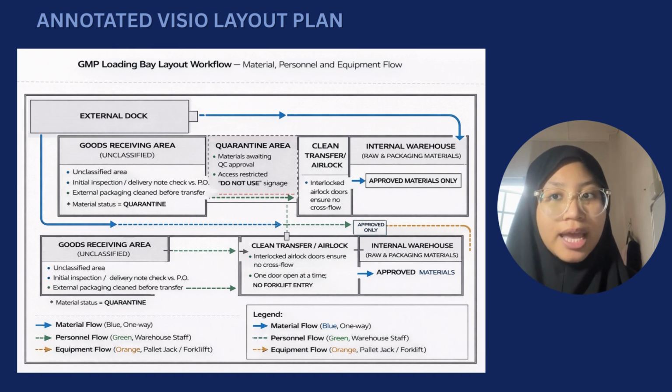Approved materials then enter the internal warehouse, where raw and packaging materials are stored under controlled conditions for downstream operations. Overall, the layout minimizes the risk of contamination, mix-ups, and human error by enforcing unidirectional material flow, controlled access, and clear material status segregation in line with GMP requirements.